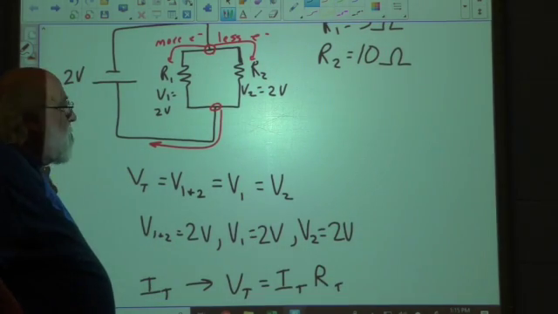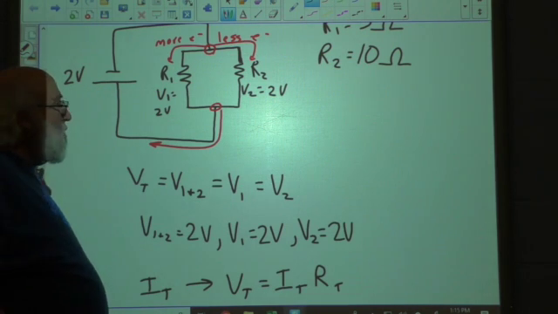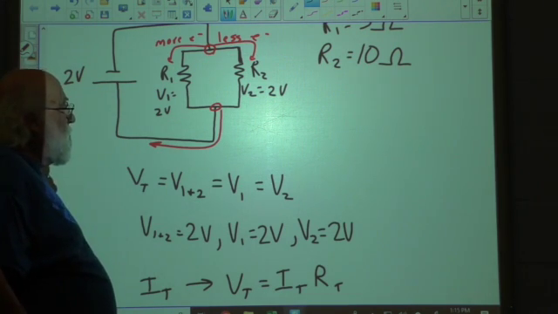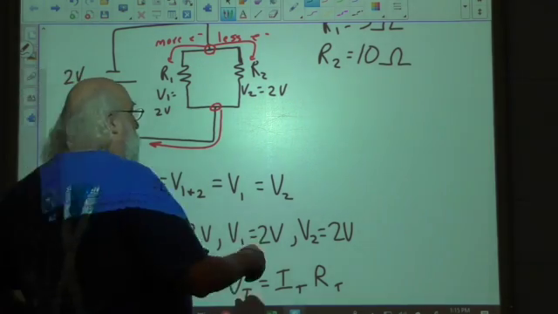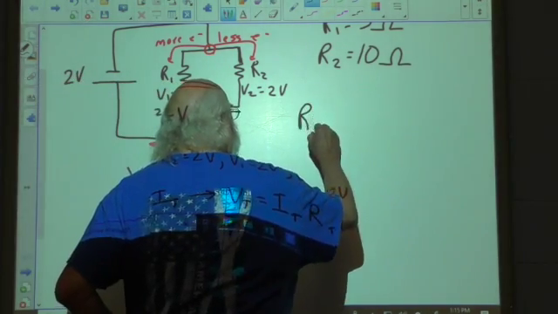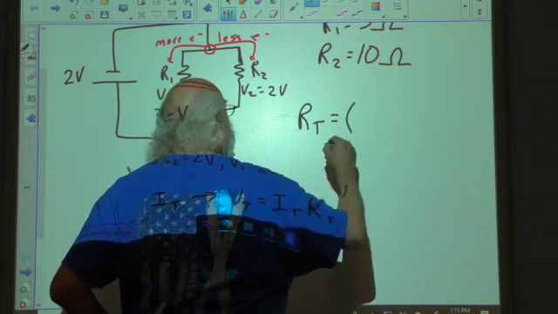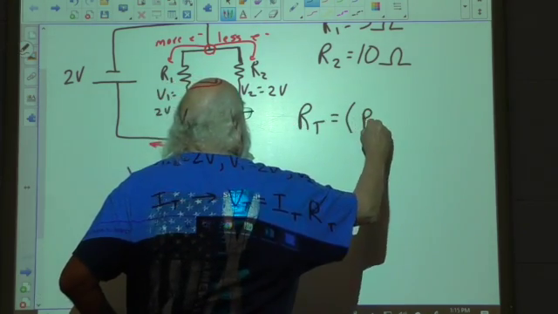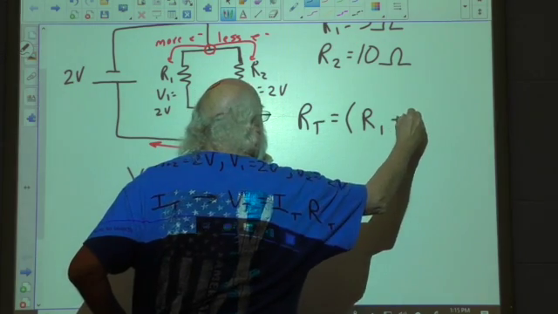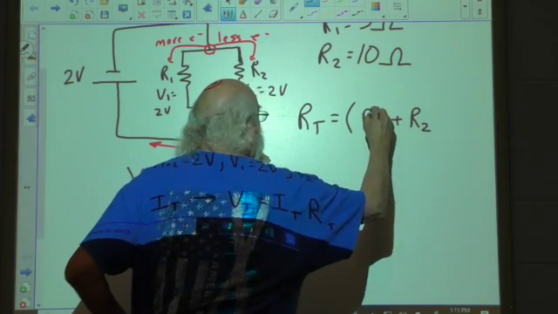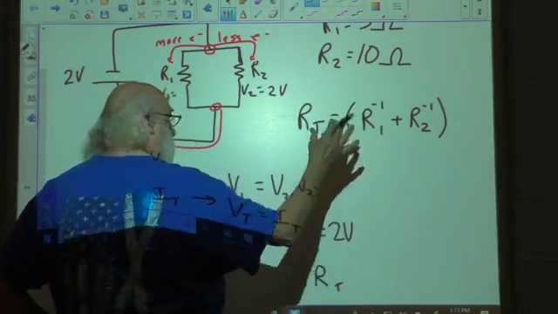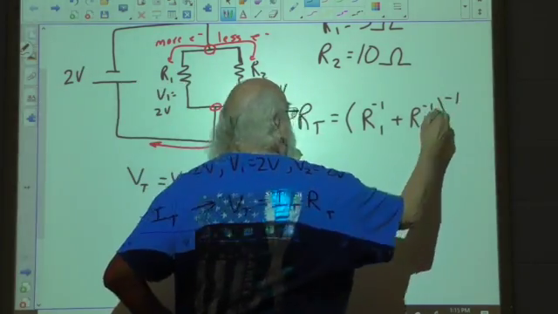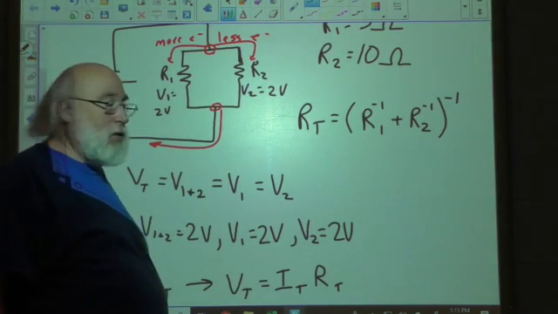Well, we can't add them together because this is not a series, and the mathematics for this gets a little different. The total resistance is equal to the sum of the first resistor and the second resistor in reciprocal form, and then we add those together and take the reciprocal of that.